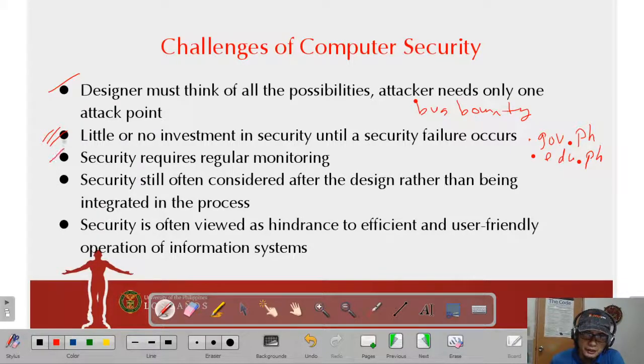Another challenge is that computer security requires regular monitoring. A typical example of this is, let's say a website is running, say the ICS website, in an old version of Drupal. Okay? Eventually, attackers will be able to find certain vulnerabilities in Drupal that can be exploited.